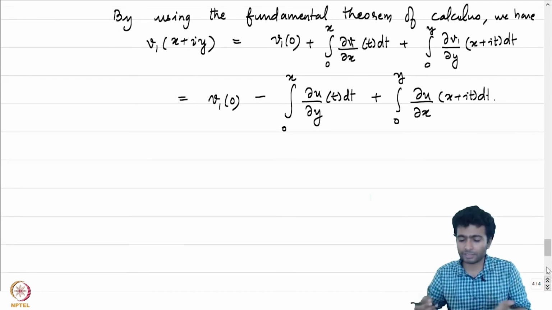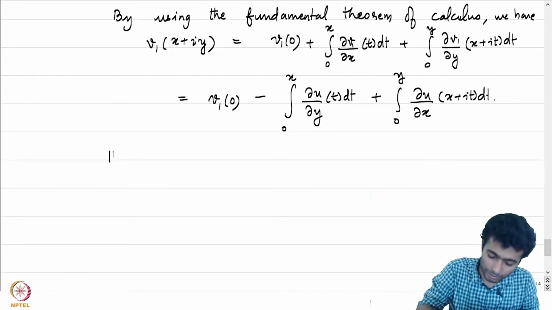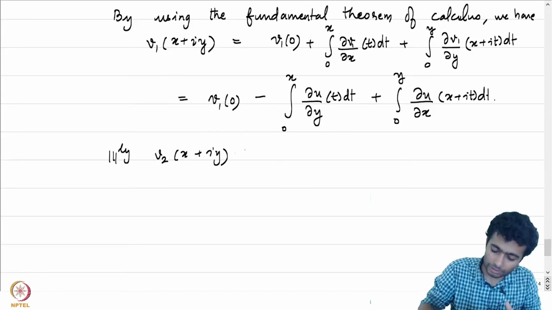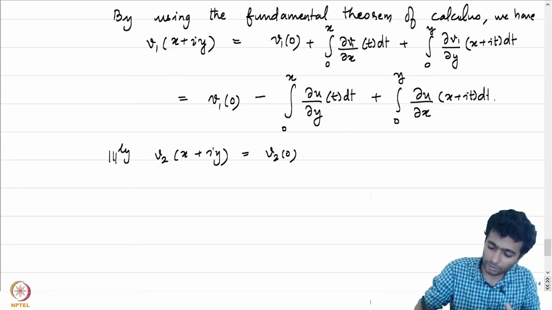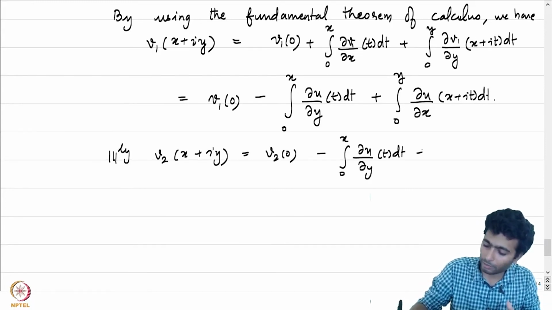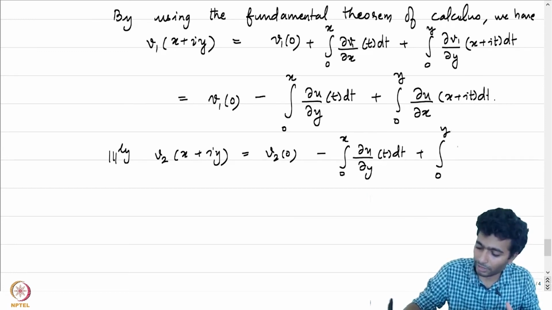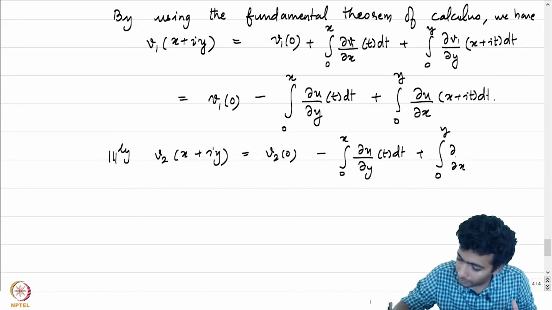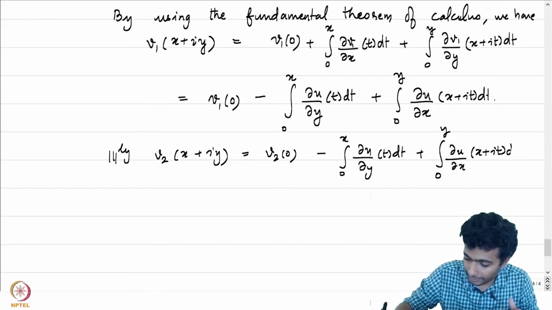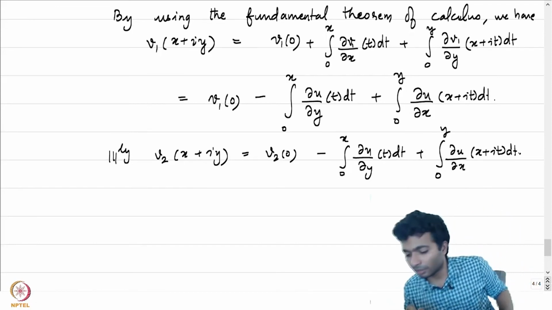We will have a very similar expression for v2. Similarly, v2 of x plus iy is going to be equal to v2 of 0 minus the integral from 0 to x of dou u by dou y of t dt plus the integral from 0 to y of dou u by dou x of x plus it dt. The second one is along the y direction.